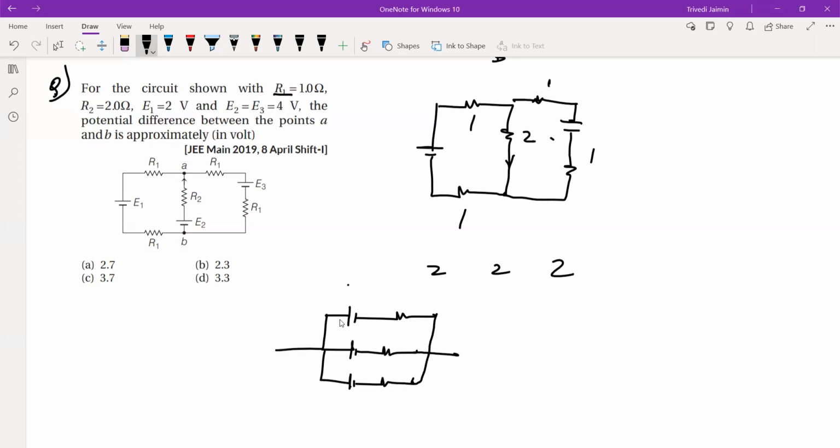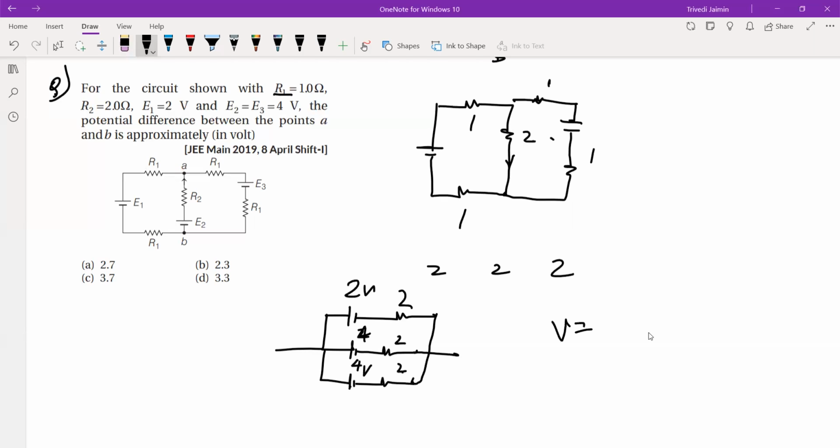How much voltage is this? Two, no, four voltage. So they all are in parallel.